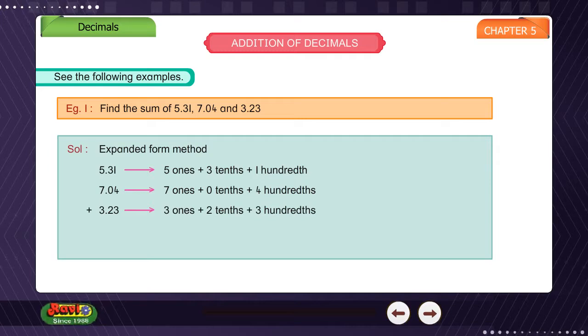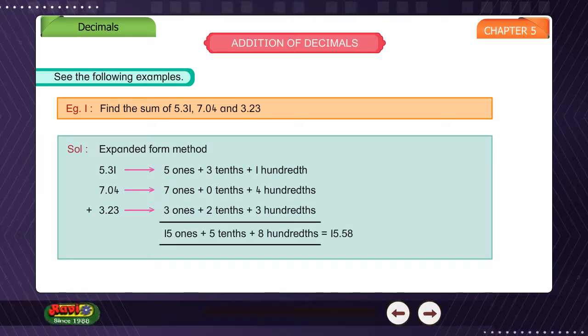Plus 3.23: 3 ones plus 2 tenths plus 3 hundredths is equal to 15 ones plus 5 tenths plus 8 hundredths is equal to 15.58.